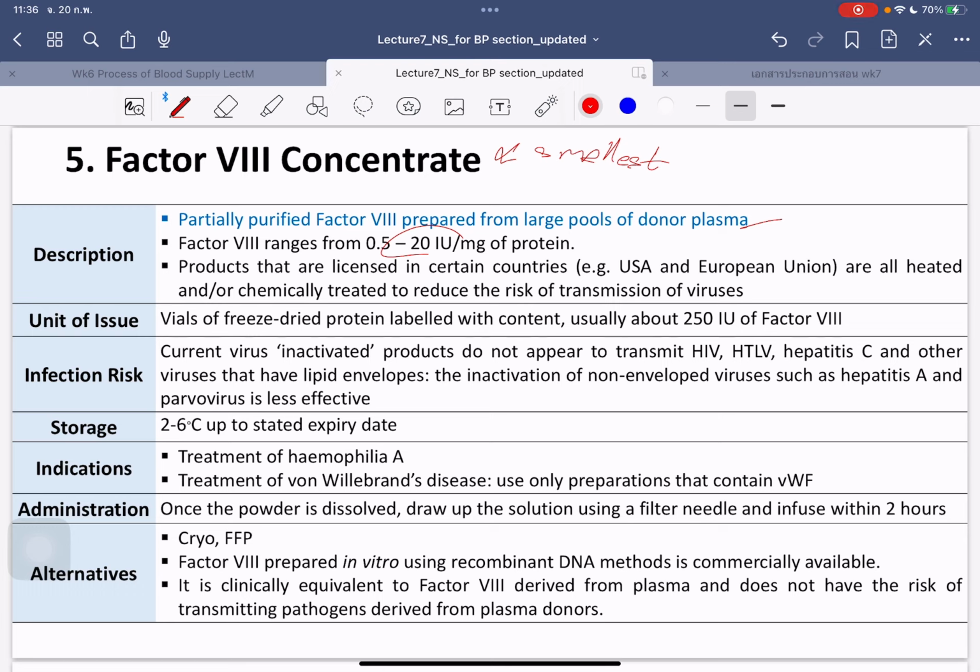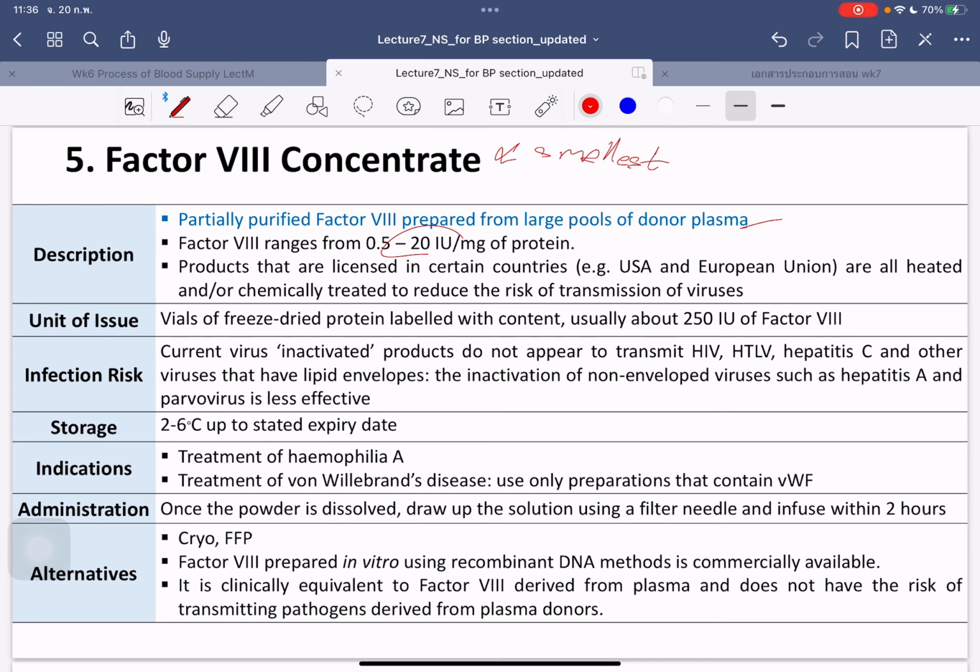But factor A concentrate comes as a powder, or sometimes we use genetic engineering to produce it, and right now it's found that they don't appear to transmit HIV, HTLV, and hepatitis C.